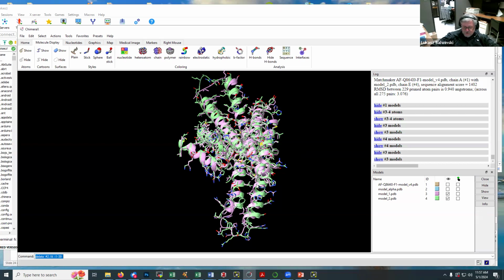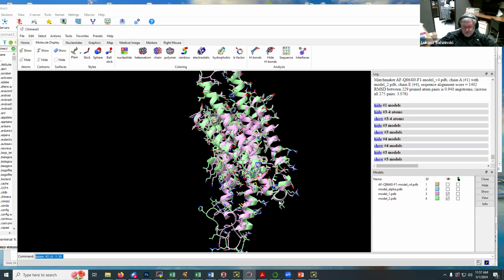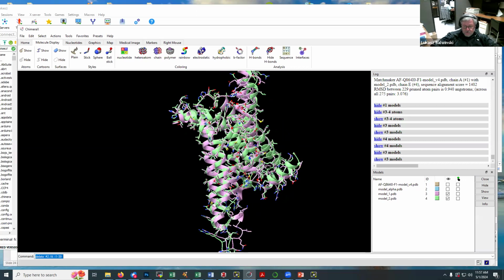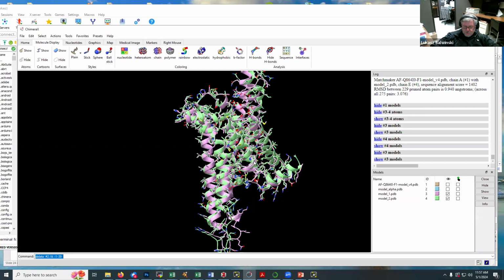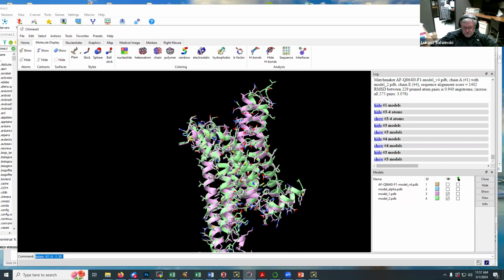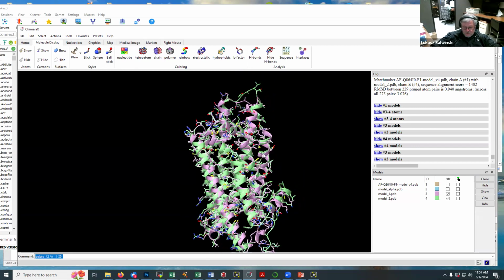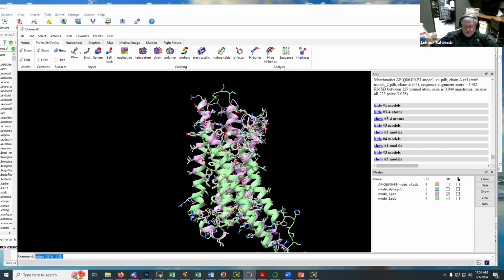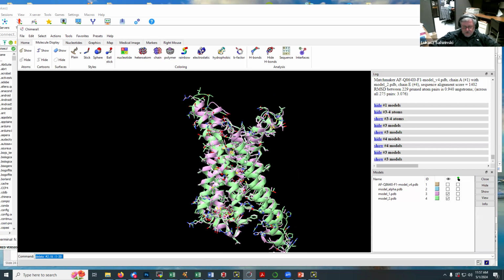That's something to pay attention to, and it's relatively straightforward to look at when you have a model and you look at it in Chimera and start looking at individual details. It's tedious, but it's the way to go: look at your model and see if it looks sensible. So that's about it.